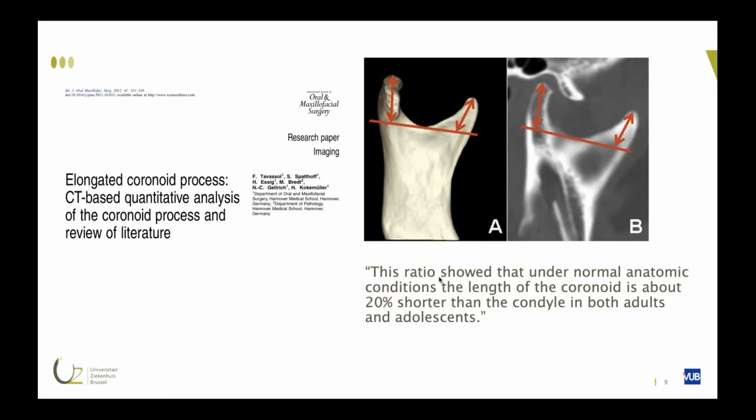Another tool is CT-based. Normally, the length of the coronoid process is 20% shorter than the length of the condyle. In case of doubt, I recommend you to resect the coronoid process, but please check both sides.